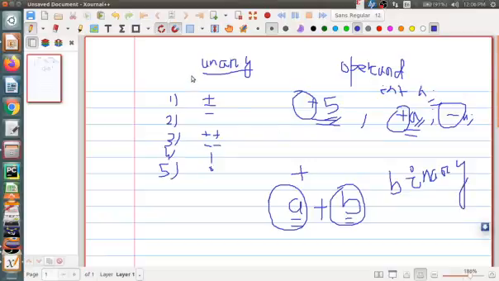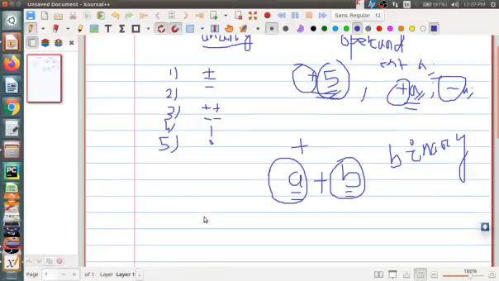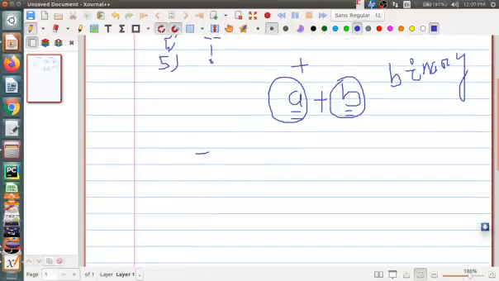Here we are using only one operand, just like plus 5, plus a, minus b, or minus a. Similarly, the increment operator and decrement operator both work with only a single operand.